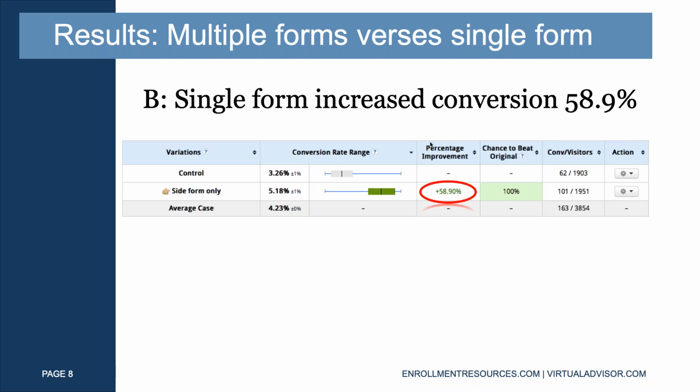In other words, our belief that two forms is better than one was totally wrong. If we had not tested this and had just implemented it irresponsibly, we would have hurt performance on this particular campaign by a lot.